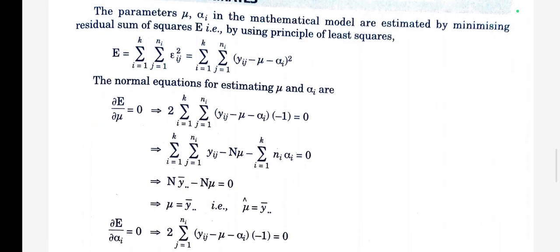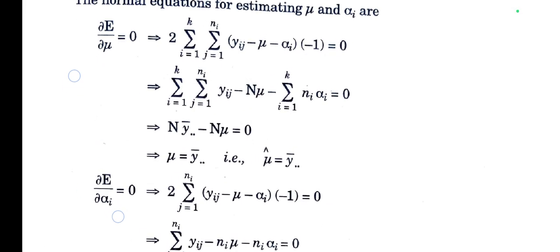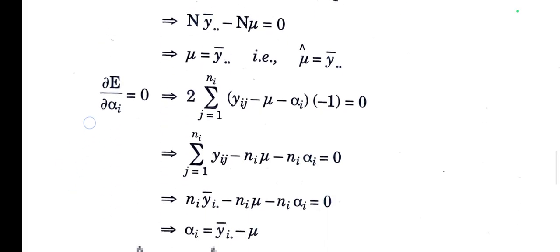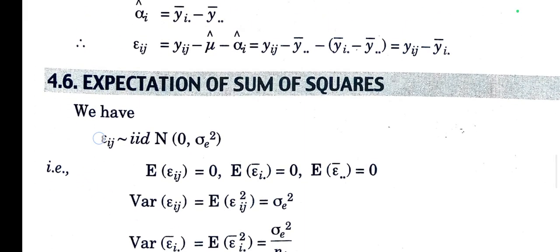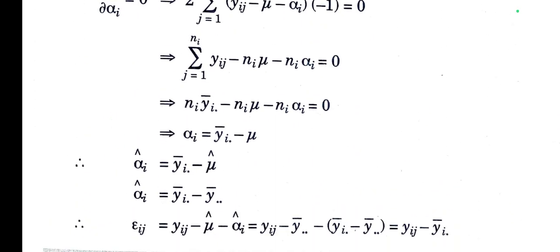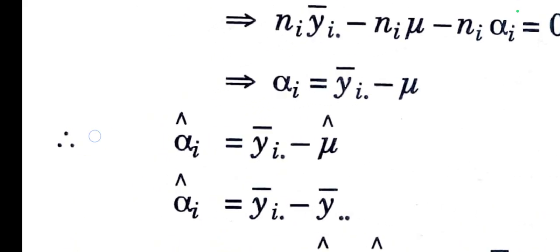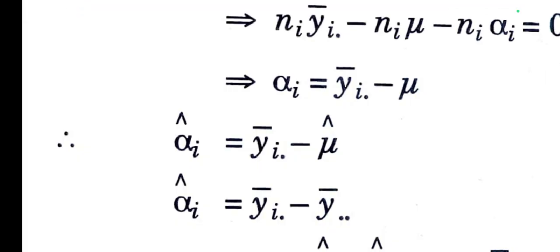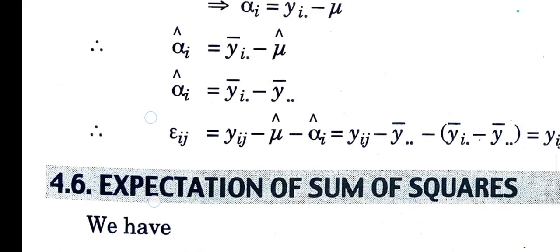This is with respect to mu, the error estimate, alpha, and beta j also. Here we don't have a one-way model, so alpha i hat is equal to y bar of i dot minus y bar of dot dot, that is mu. Epsilon ij we calculated.